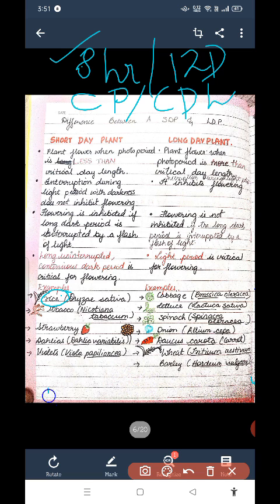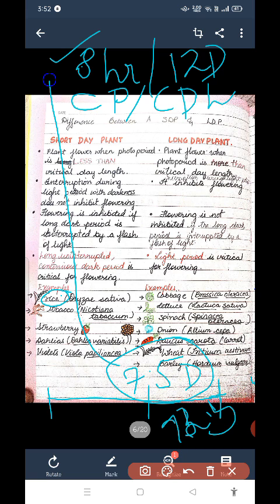Suppose now on this particular day I gave it just 7.5 hours of daylight and 12.5 hours of darkness. So I have given less than its critical day length, because I've given only 7.5. Still, this plant will flower, because it does not require more than its critical day length.